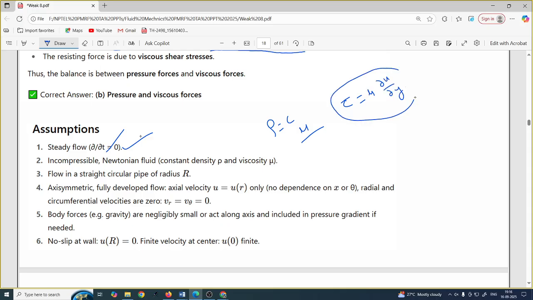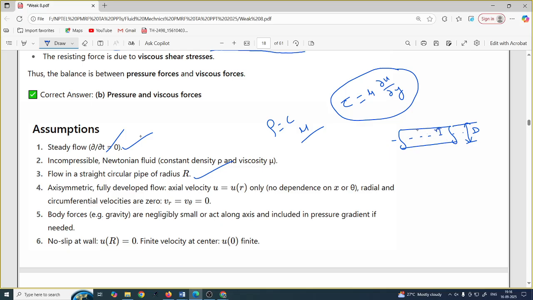So this relation we have. Another is the flow in a straight circular pipe, radius r, axisymmetric fully developed flow, axial velocity u is a function of r. And function of r means what? As you can see here, this is the diameter and this is your radius, you know already.